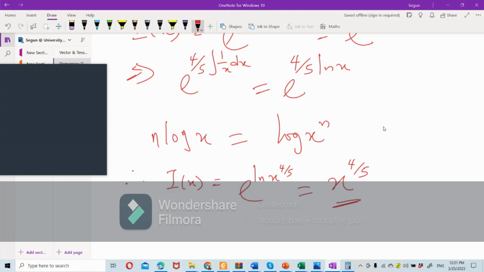So remember this law, it happens this way. Which is the same thing as exponential ln x, which is equal to x. So I've just given us the reminder. So now our I of x, our integrating factor, is x raised to power 4 over 5.